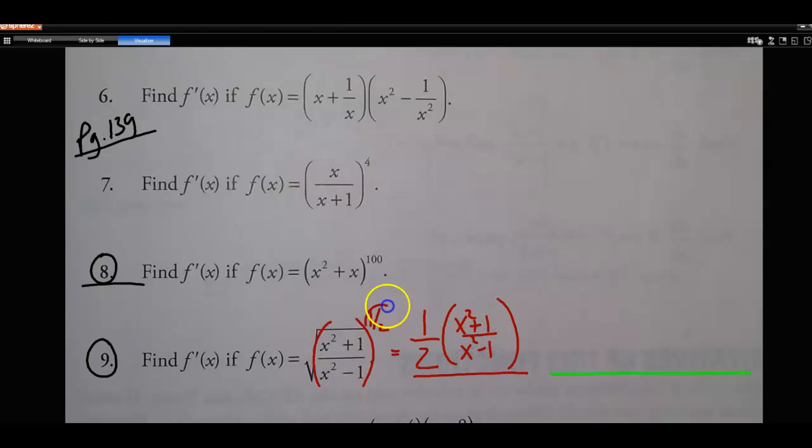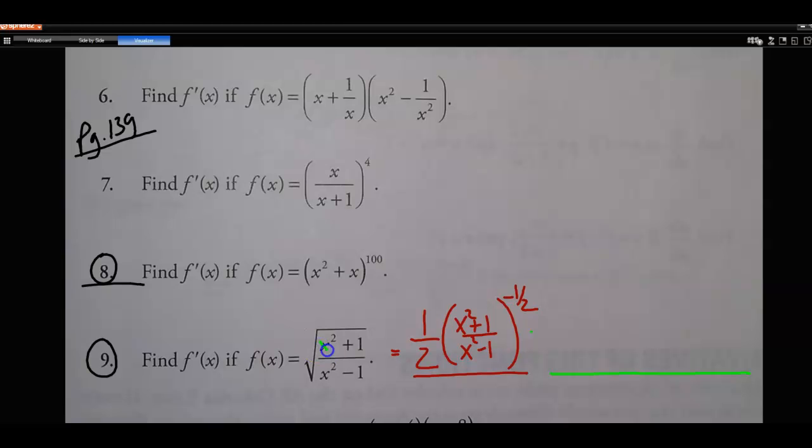And then you would take 1 away from your power, which is negative half. And that expression is literally the same thing as what I had just up there a second ago. It's just that instead of a square root, it's a half. And instead of being in the denominator, it's written next to it with a negative exponent. But it's literally the same expression. I just like the shortcut. So you guys can use either one you want to. But either way, that's the derivative of the outside. Now I want to multiply it by the derivative of the inside.